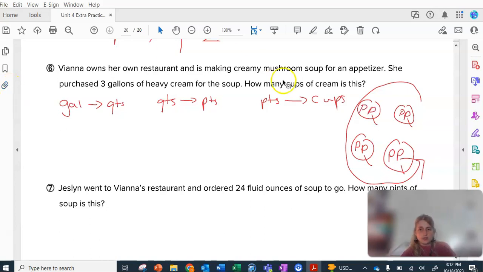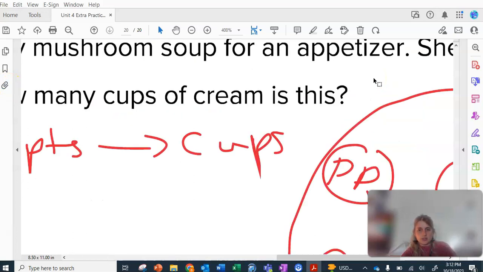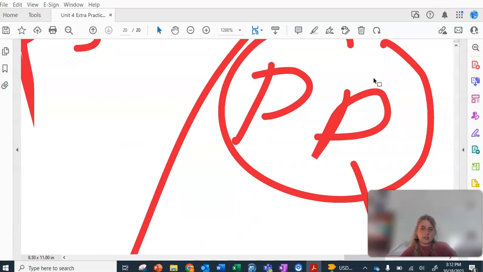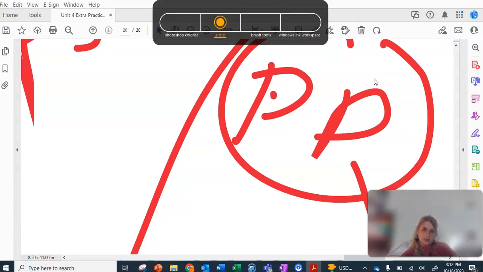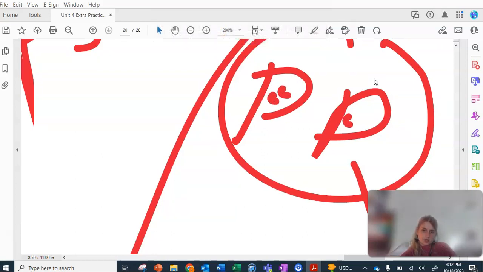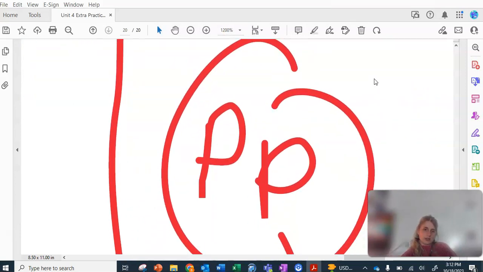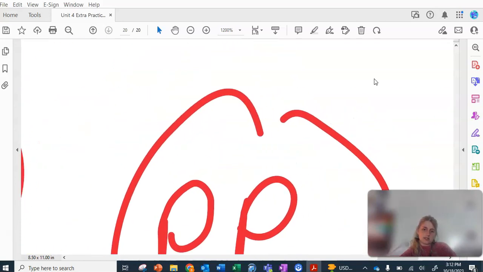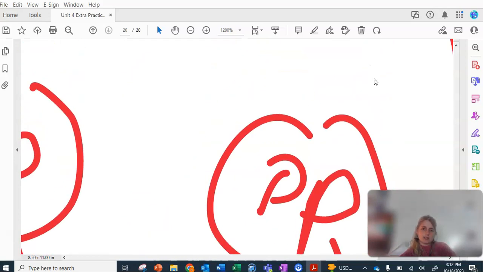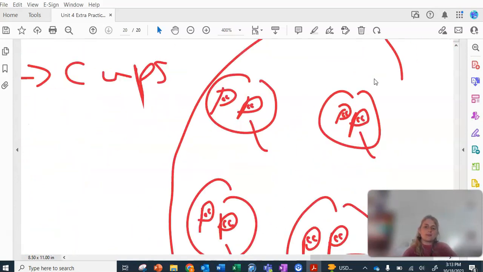And the beauty of the computer that you don't have on your page: zoom in, zoom in. 2 cups in each pint. Oh my gosh, what a wonderful guy this Gallon Guy is. Cups, cups. 2 cups makes a pint. Cups, cups, cups, cups. Now zoom back out.